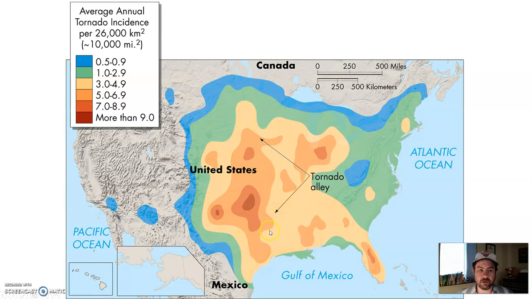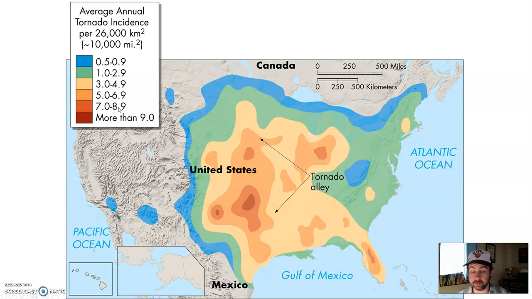So that's an area called Tornado Alley, in which in certain locations, the average annual tornado incidence is more than, for instance, in the darker red colors, more than 9 tornadoes per year, every year.